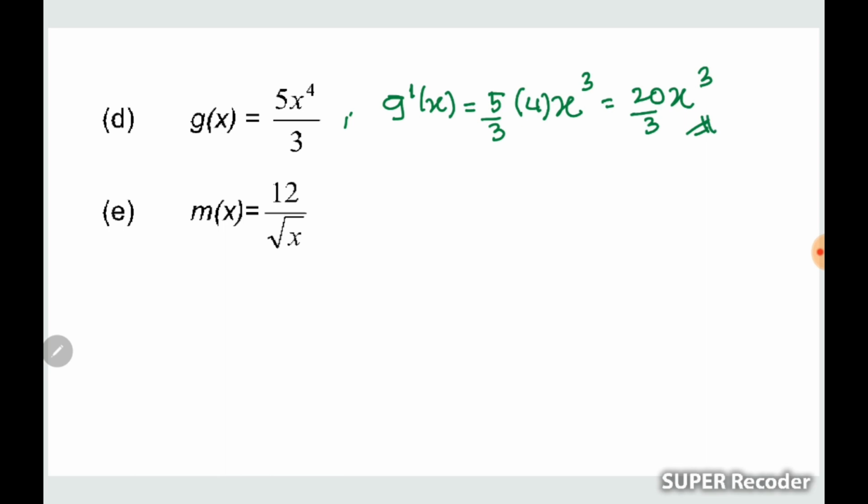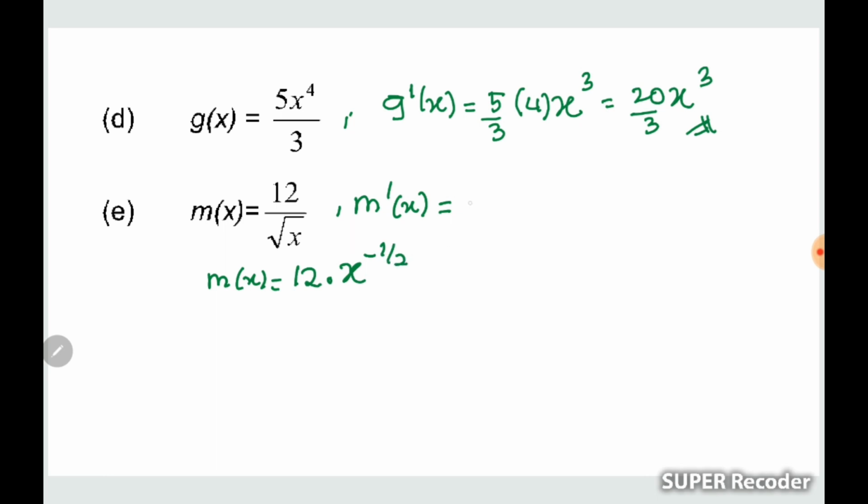Okay, last one. Given m(x) equals 12 over root x. So what is m'(x)? m'(x) equals, before that you need to simplify m(x) like this: 12 multiplied with, bring x in front, therefore x to the power of negative 1 over 2.